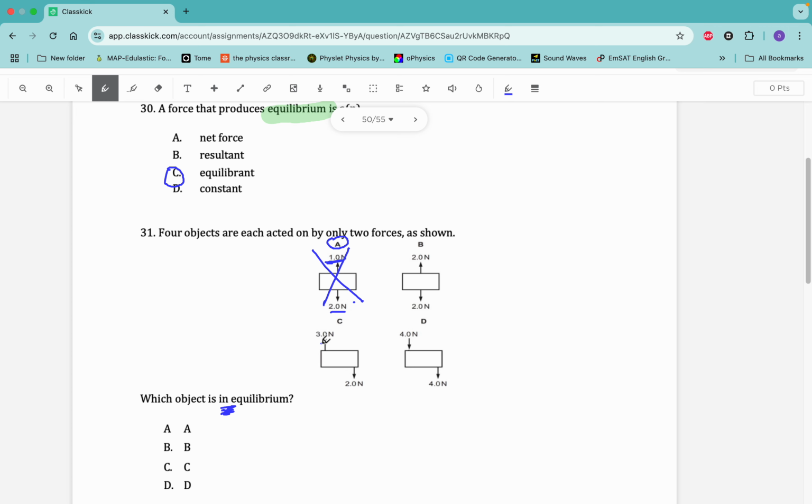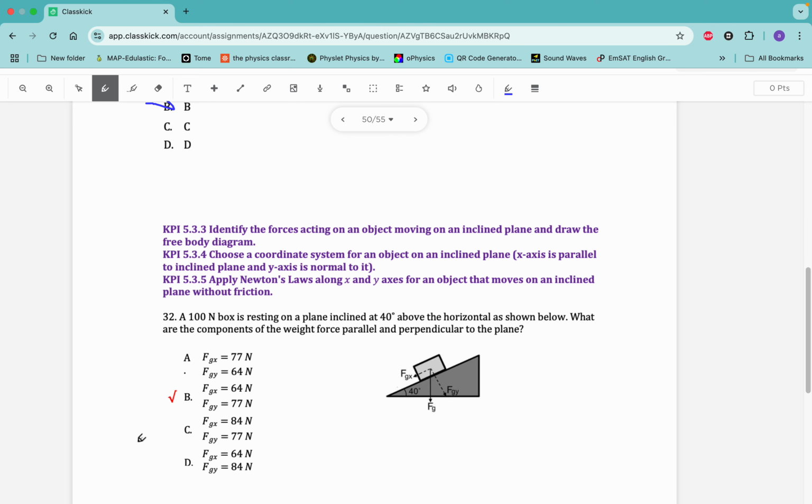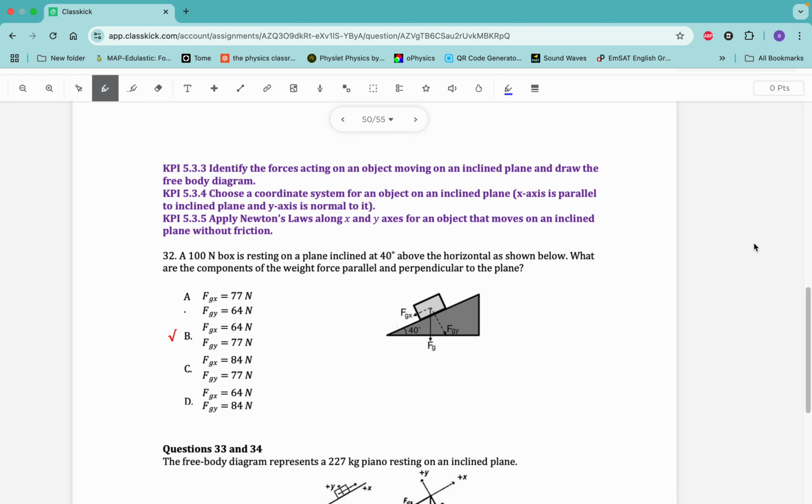Option C, these two forces are also not equal, so they don't cancel each other out, while B, the upward force and the downward force are equal and opposite, they cancel each other out, so this is the scenario of equilibrium, so B.